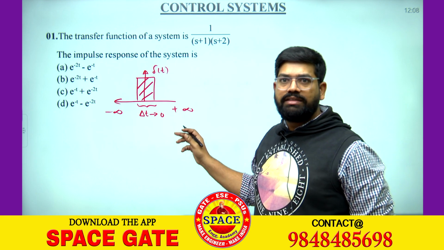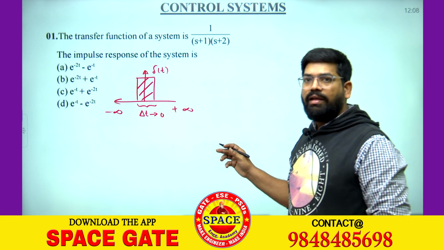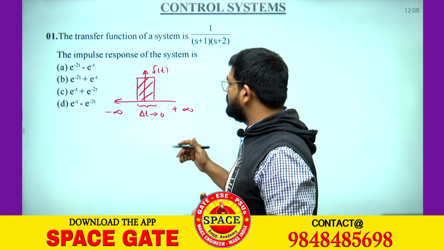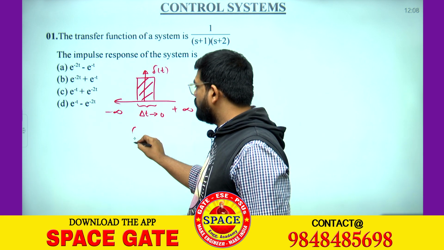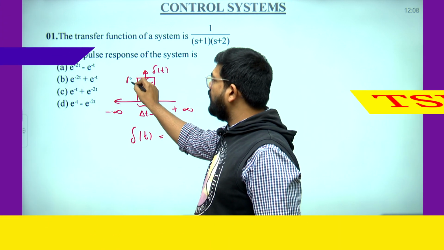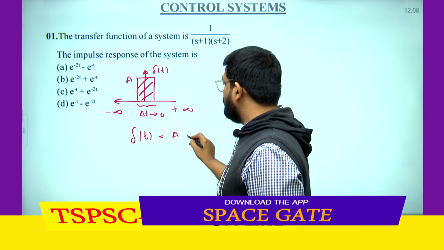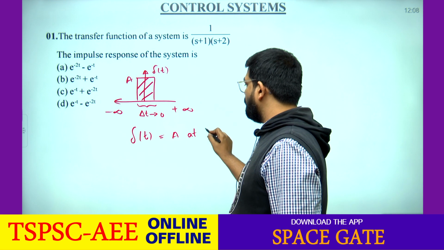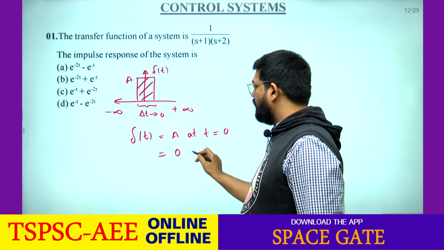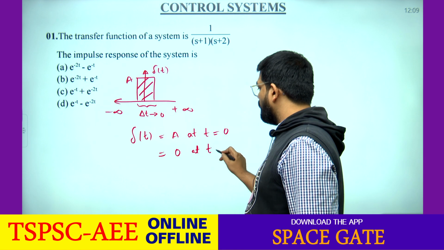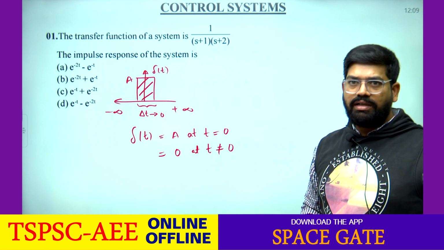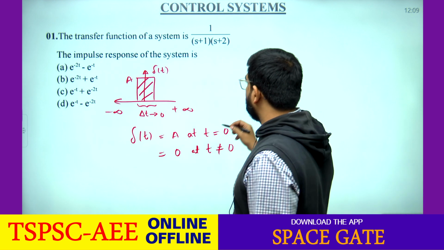Mathematically, with some magnitude like A, it is defined only when time t is equal to 0, and 0 when time t is not equal to 0. This is the way we write the impulse signal mathematically.